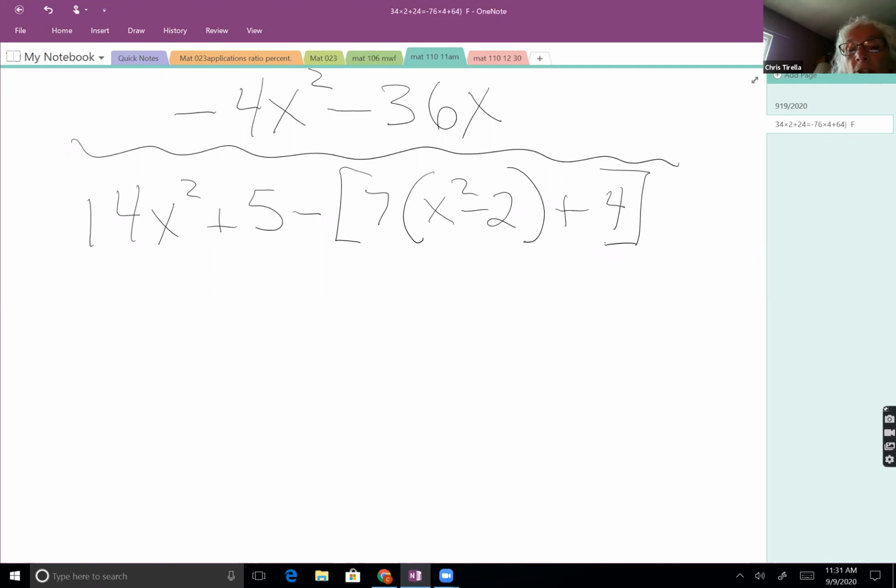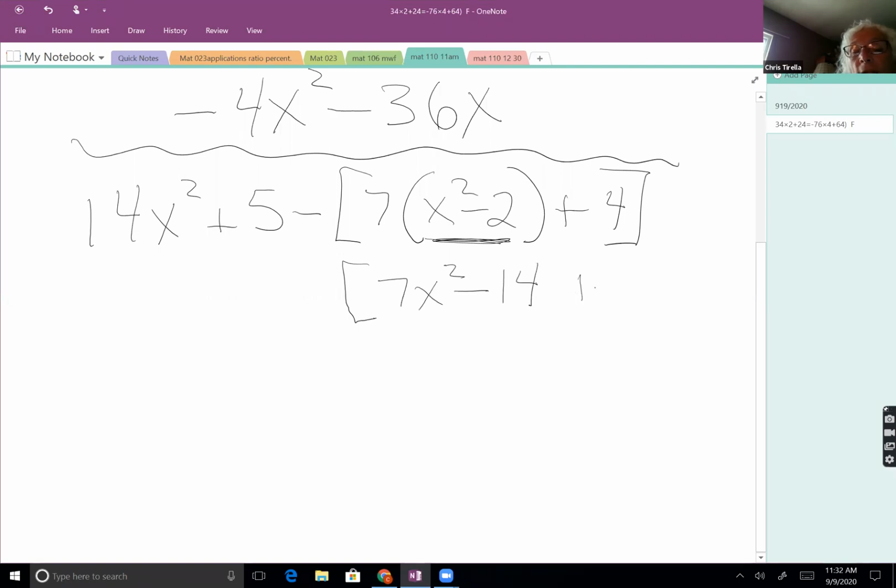Innermost parentheses first. Can I do anything in there? No. So what do I need to do to get those out of there? Distribute. So inside there, I get 7x squared minus 14.